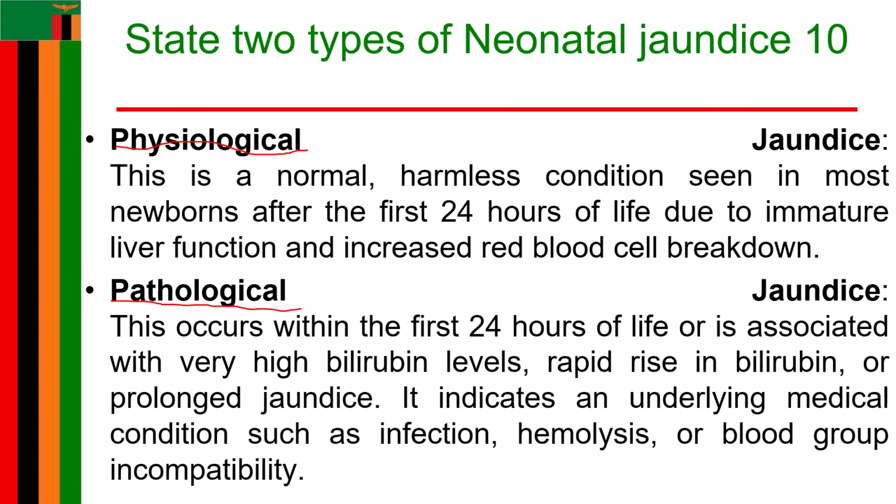As a result, physiological jaundice will clear on its own, mostly even without any major interventions, because by day number 7, the baby's body or liver would have grown bigger to adjust. And by the end of the week, this physiological jaundice would have cleared. So that is how physiological jaundice occurs in newborn babies.